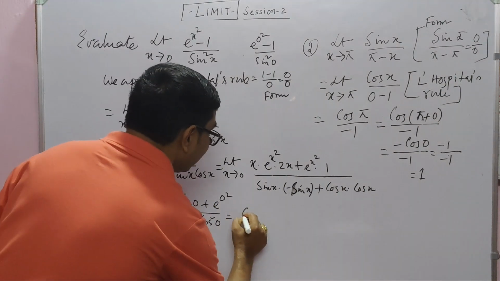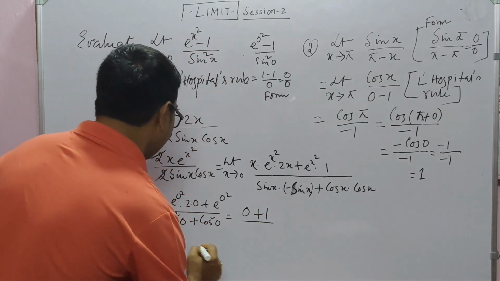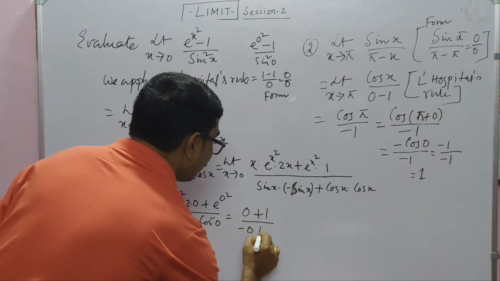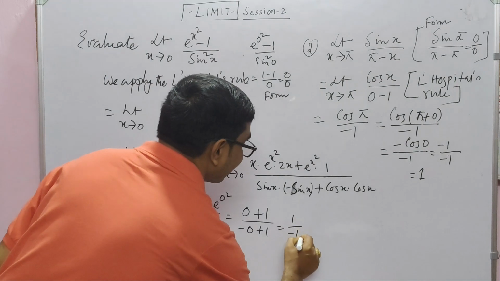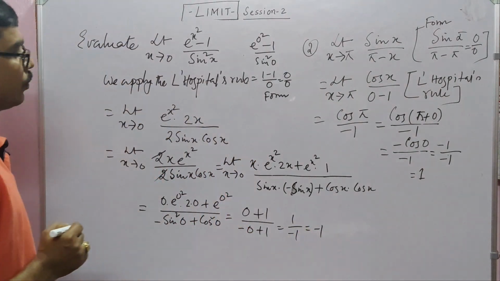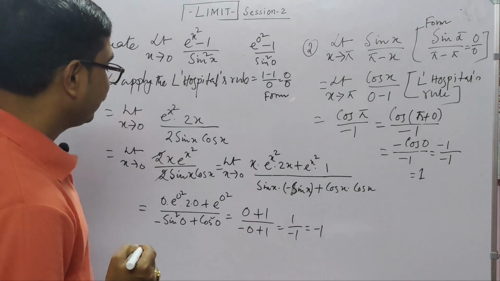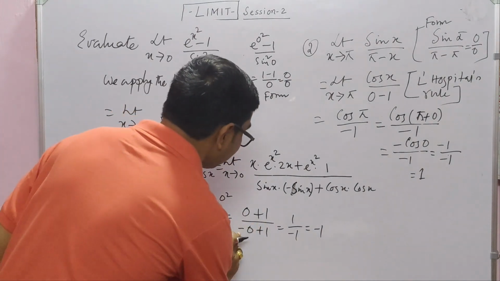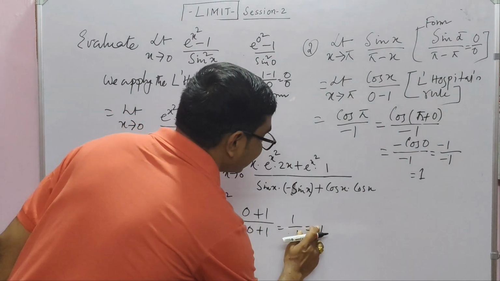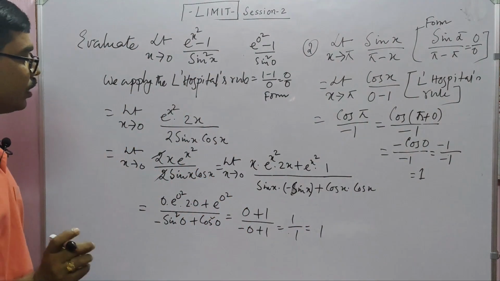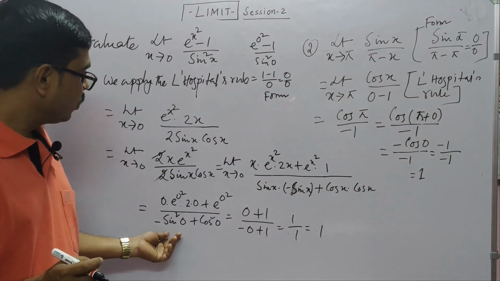So now 0 plus 1 by minus 0 plus 1, that is 1 by minus 1, that is minus 1.